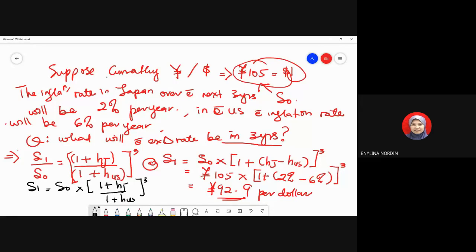Then put into the formula, then you will get lebih kurang more or less the same, which is in this case 92.9, that is kalau kita approximate kan round off figure, it's 93.